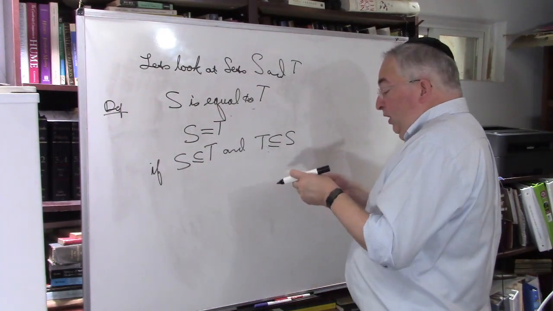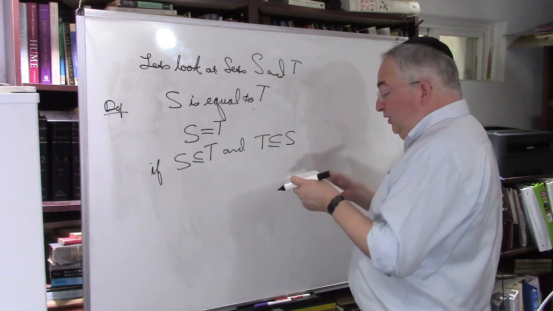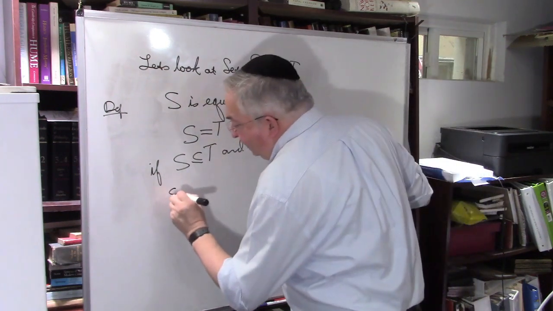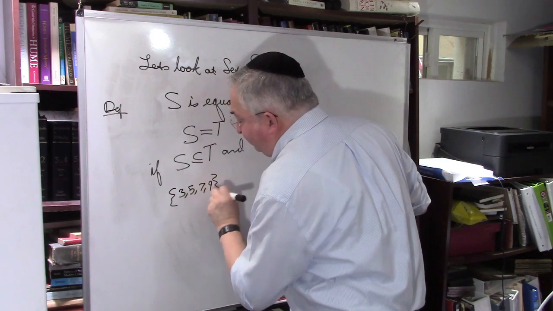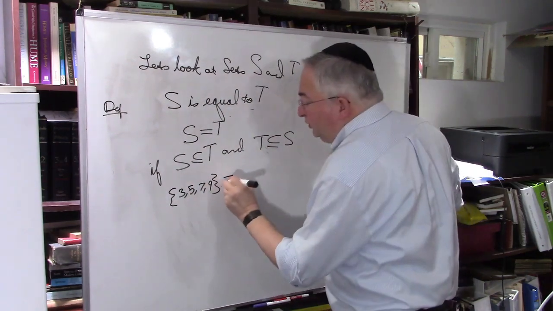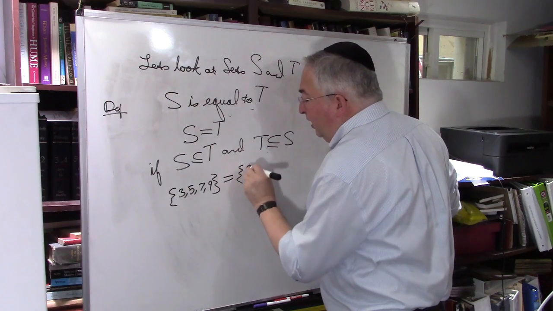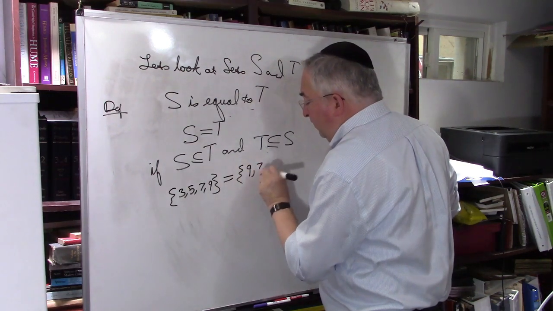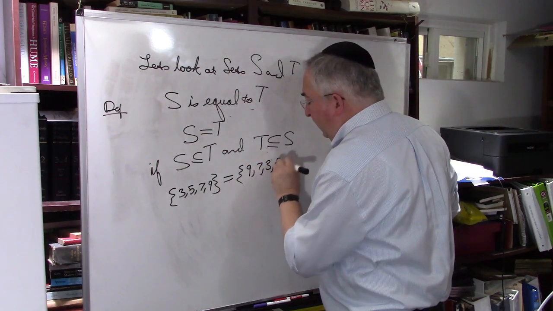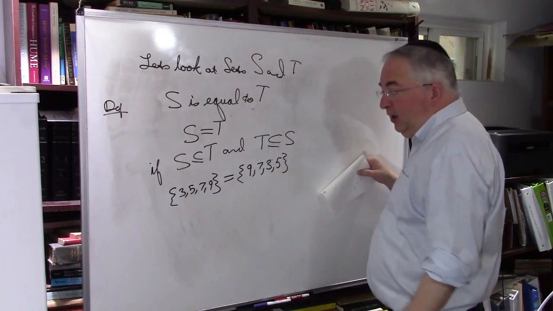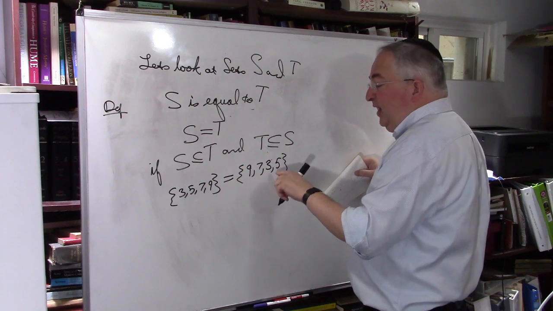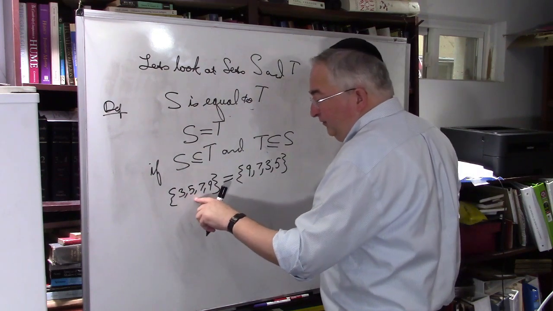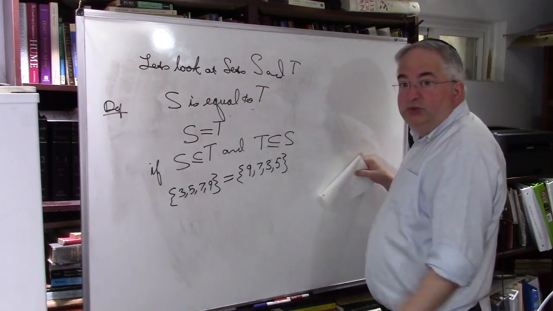Well, from this definition, what we get is the following. The set {3, 5, 7, 9} is equal to the set {9, 7, 3, 5}. Why? Because every element of this set is an element of this set, and every element of this set is an element of this set. So these two sets are equal.